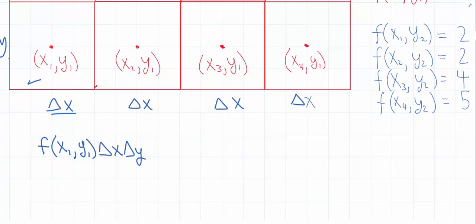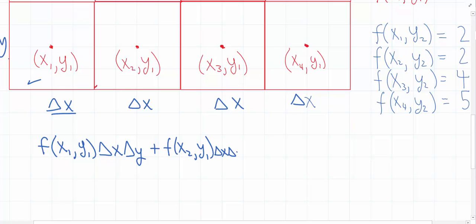Now, let me go to the second one. The second one is going to be f of x2, y1, delta x, delta y. Y'all see that? So I've got the volume of the prism of the next one. And you can kind of see how this game is played, right?